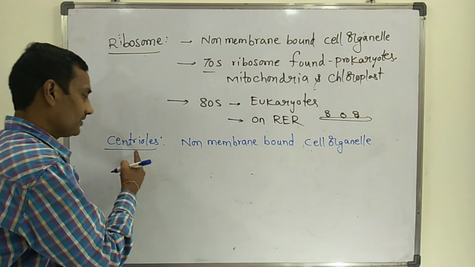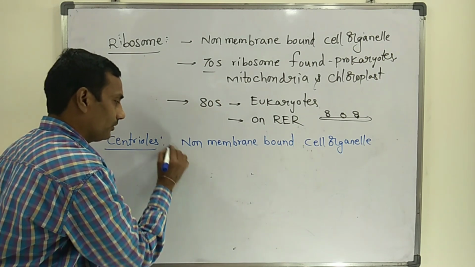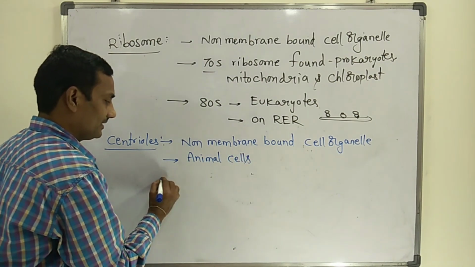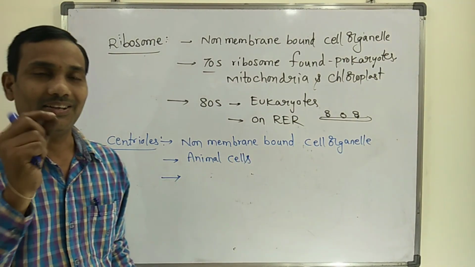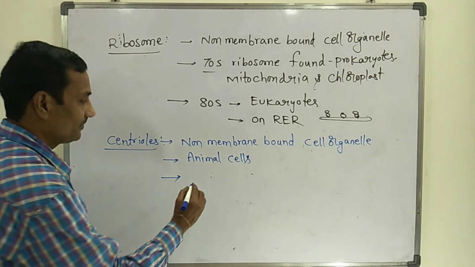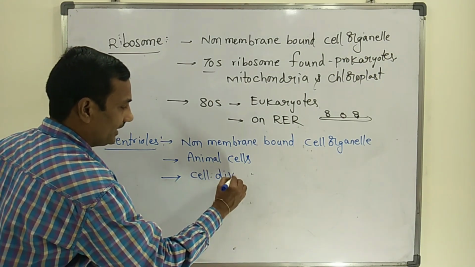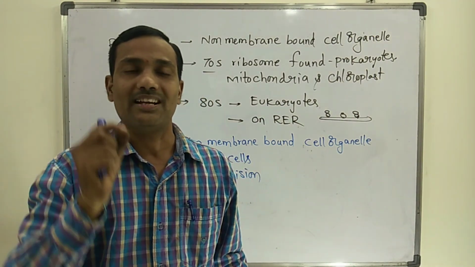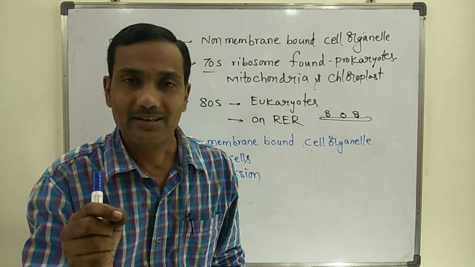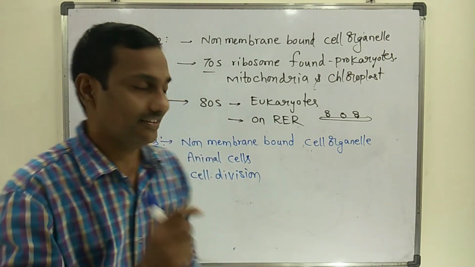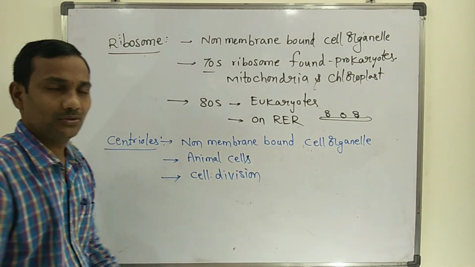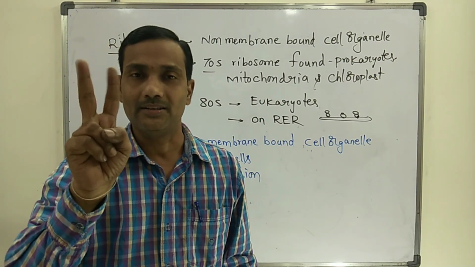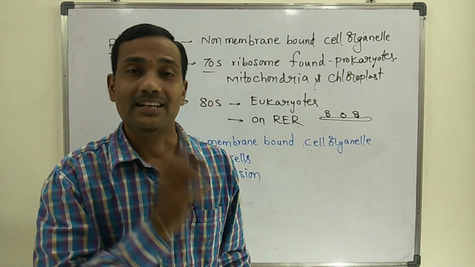Centrioles play an important role in cell division, that is a very important point. So in the exam, the non-membrane bound cell organelle mainly found in animal cells and playing an important role in cell division is the centriole. There are two non-membrane bound cell organelles, ribosome and centriole.